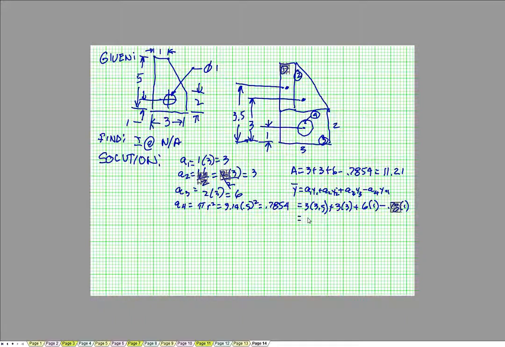Y bar divided by the total area, 11.21. Y bar equals 2.2038. That puts y bar right about here.